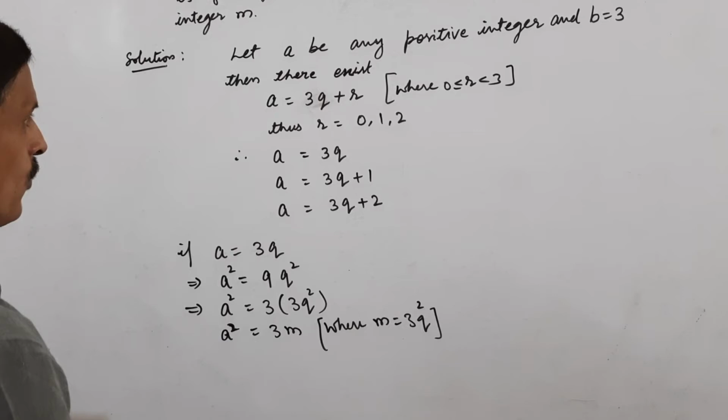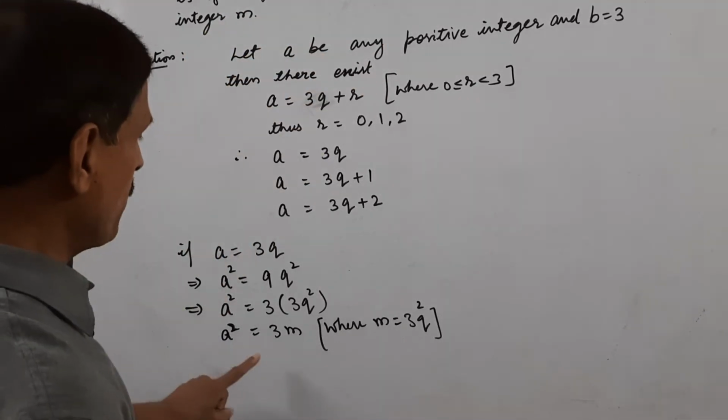So the square of the positive integer may be of the form 3m.